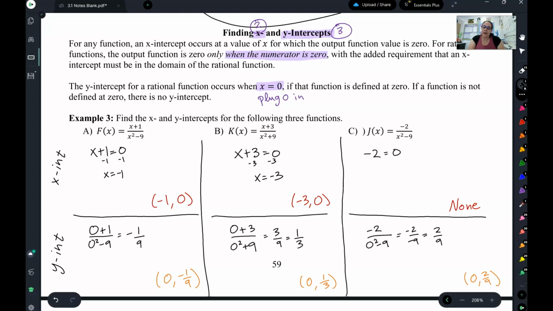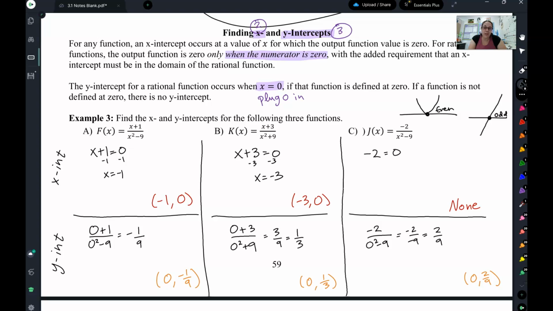If you remember back in chapter 2, we talked about multiplicity of x-intercepts. And if that multiplicity is even, that means I'm going to bounce off of the x-intercept. And if the multiplicity is odd, that means I'm going to cross through the x-intercept.